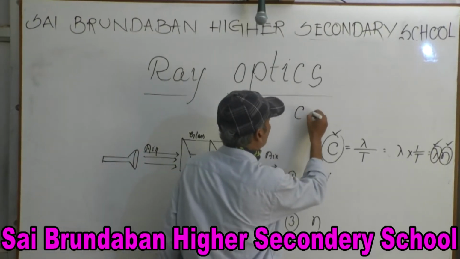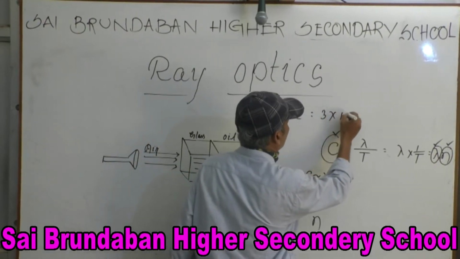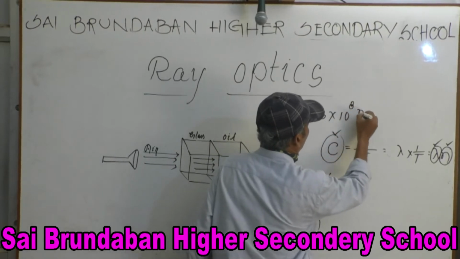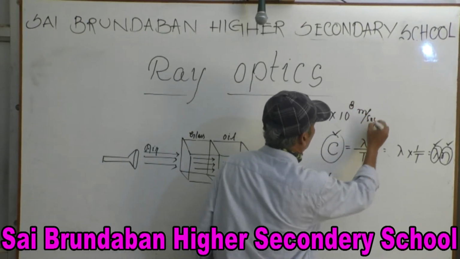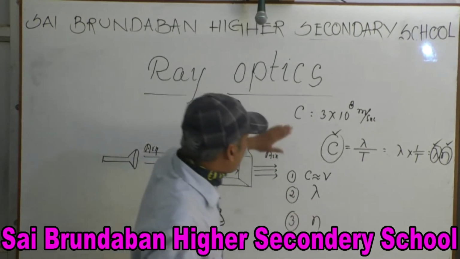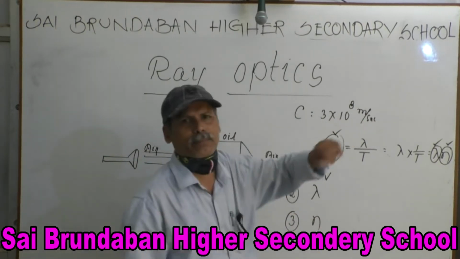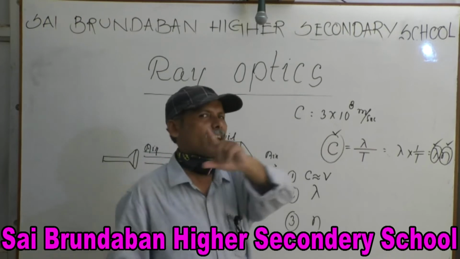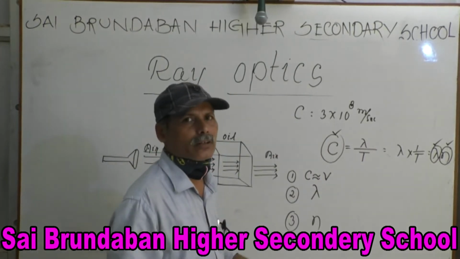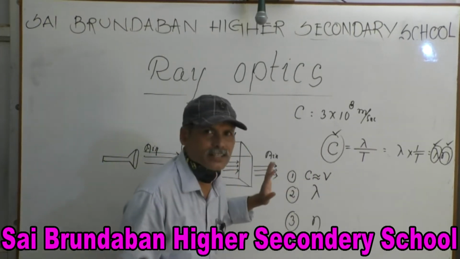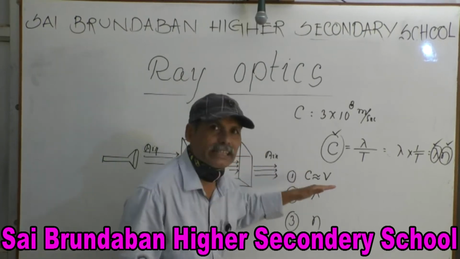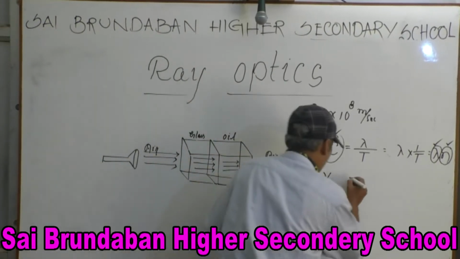The utmost value is C equal to 3 into 10 to the power 8 meters per second. We cannot exceed this value. That means we cannot exceed C. So V varies. That means velocity decreases.